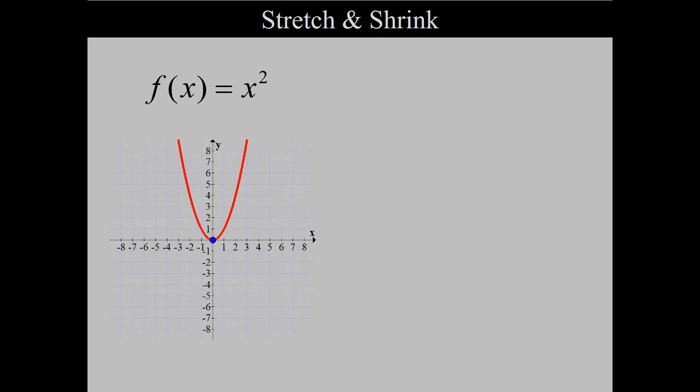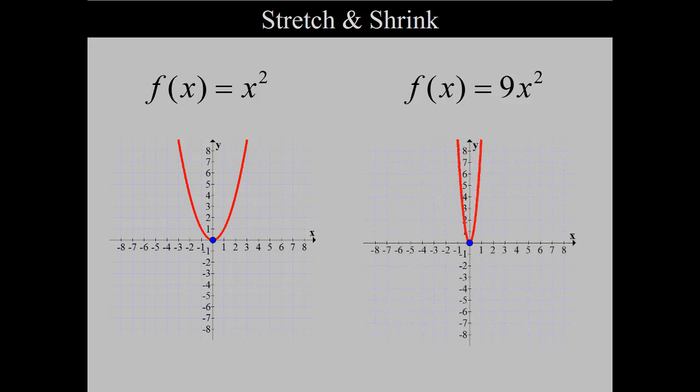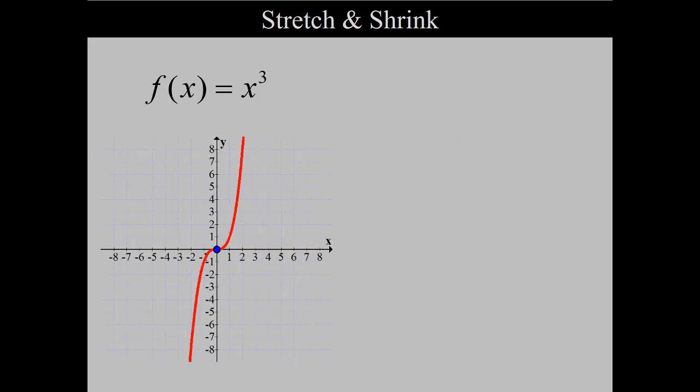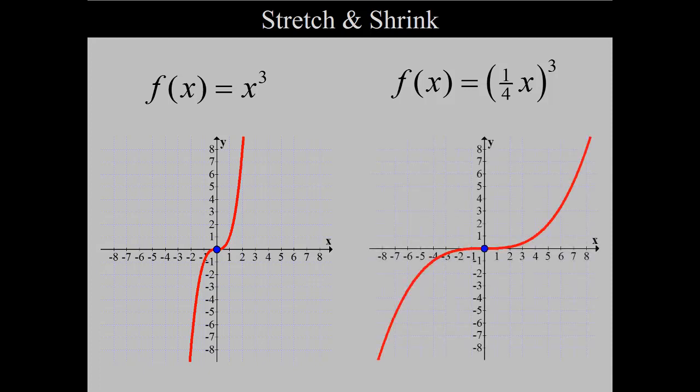Here's the graph of x squared. If we multiply the x squared by a number like 9, the graph is stretched vertically. If we replace the number inside the parentheses, replacing an x with 1/4 x, the graph is going to stretch horizontally.